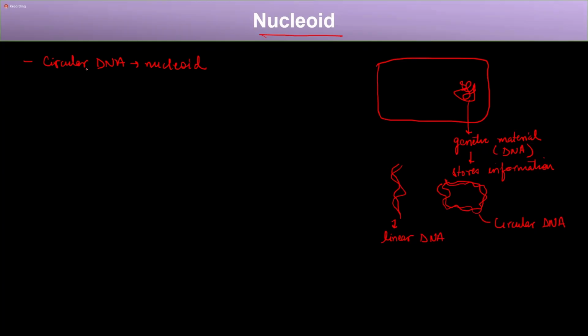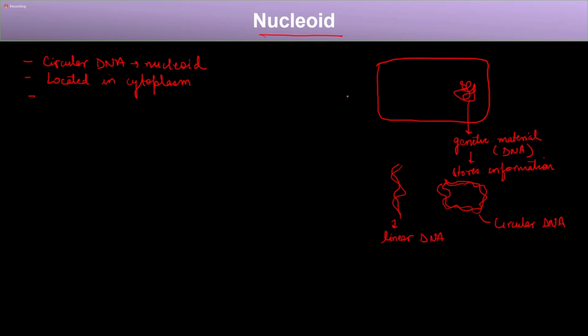Okay. Now where is this nucleoid located? So it is located in the cytoplasm. Now, if you remember, we have studied about the membranes, that there are certain organelles that are membrane bound, and there are certain organelles that are without membrane.